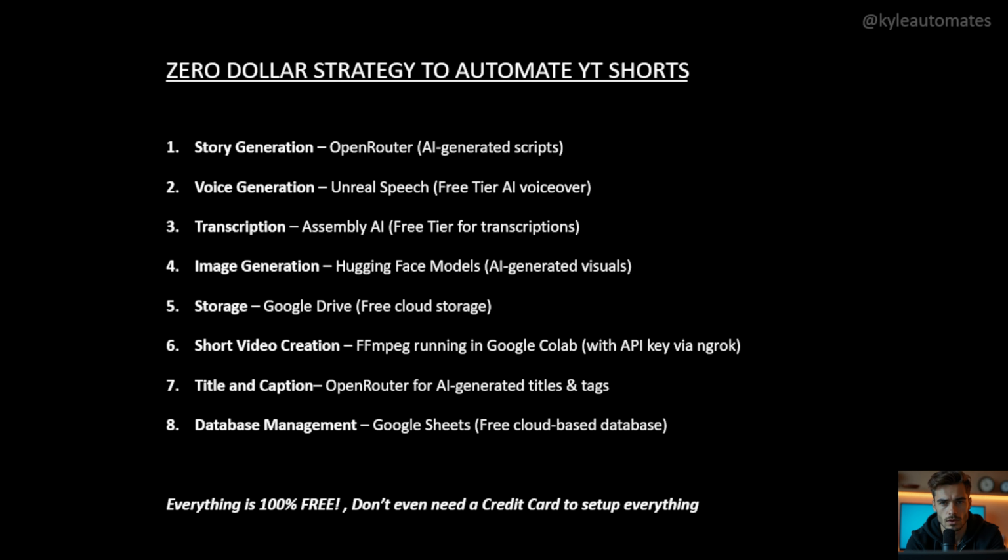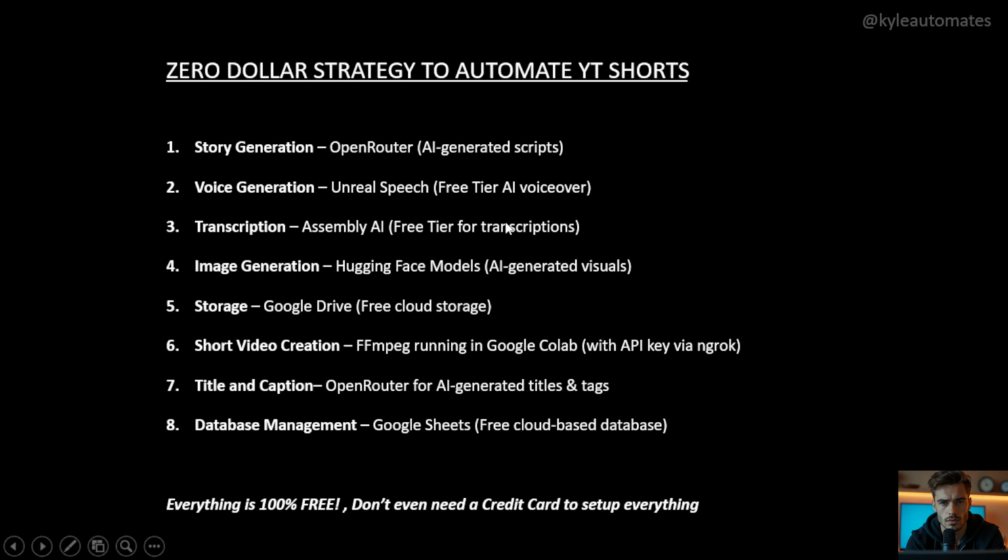So guys, this is a $0 strategy to automate YT shorts. First we need to generate a story, so we're using OpenRouter. Next is generation of the speech using an Unreal Speech free tier account. Next is transcription generation using AssemblyAI.